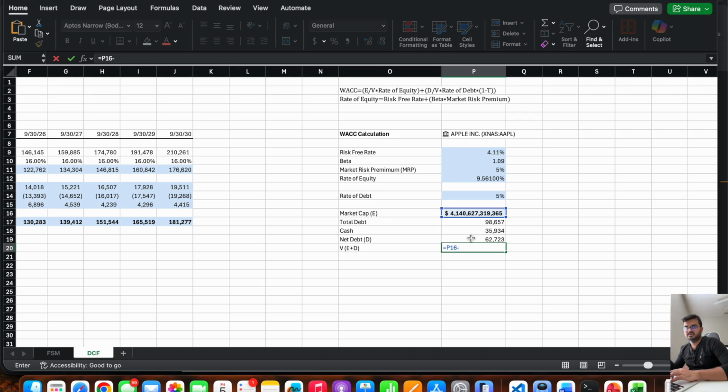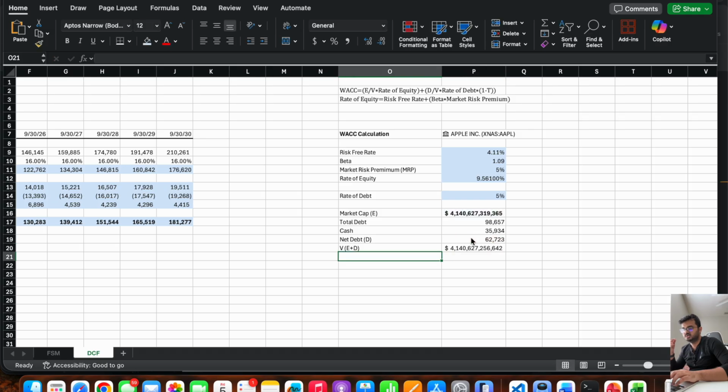Even though their market cap is around $4.1 trillion, they still have $62 billion. So I'm just doing this to get the value of it.